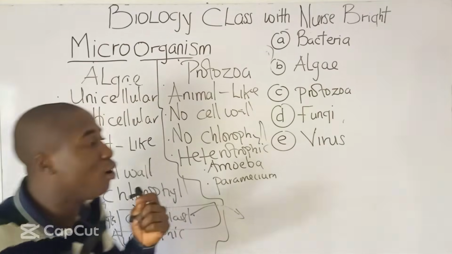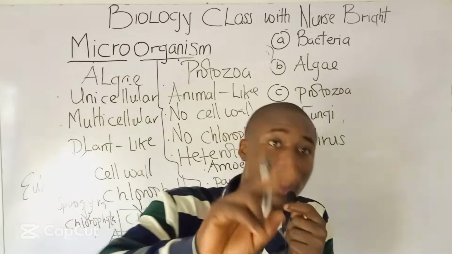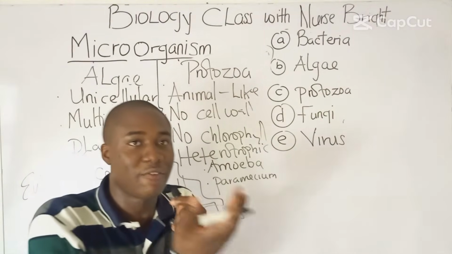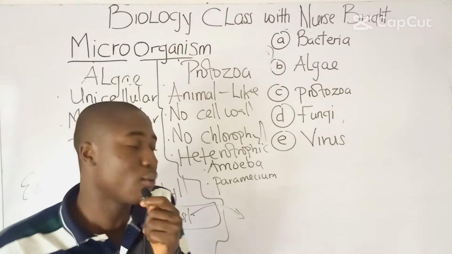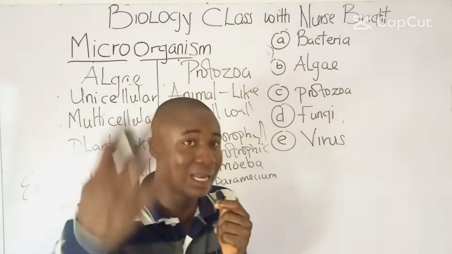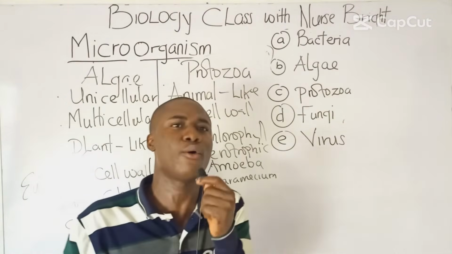All of these are under the plant divisions, and plants can be of two types: the vascular plant, also called tracheophytes, and the non-vascular plant, also called atracheophytes. But all these are the general features of this set of microorganisms.